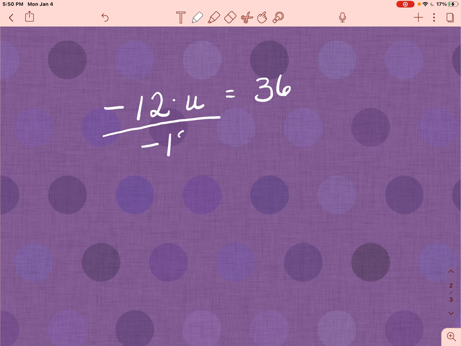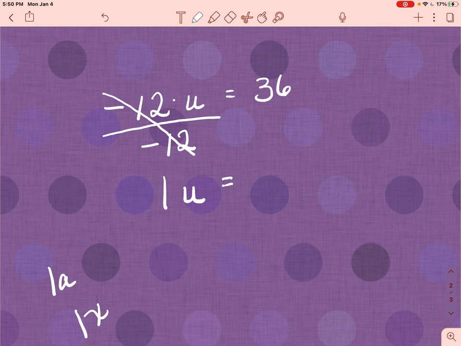I'm going to divide by negative 12. Notice that I picked negative because negative 12 divided by negative 12 gives me a positive 1, and I definitely want a positive 1. Every time you see a letter, it always has a 1 in front of it. If you see A, it's a 1A. If you see X, it's a 1X. The 1 can be invisible or not invisible, but it's always there.